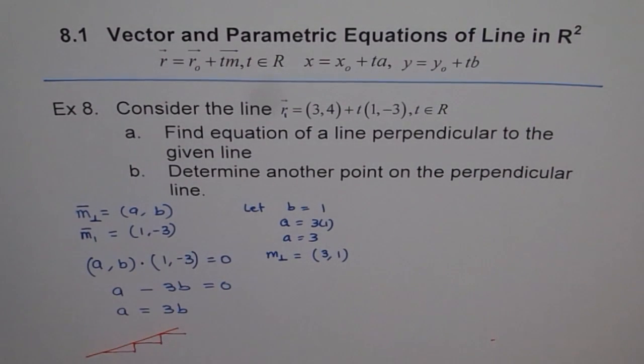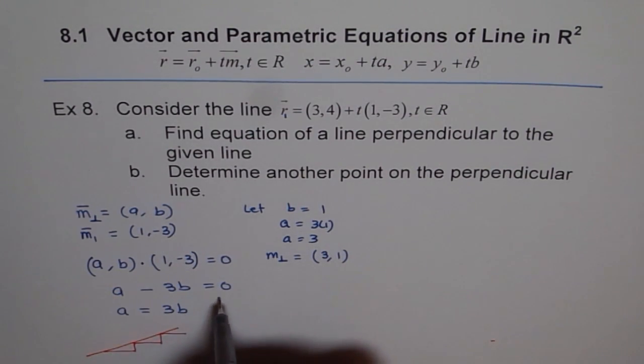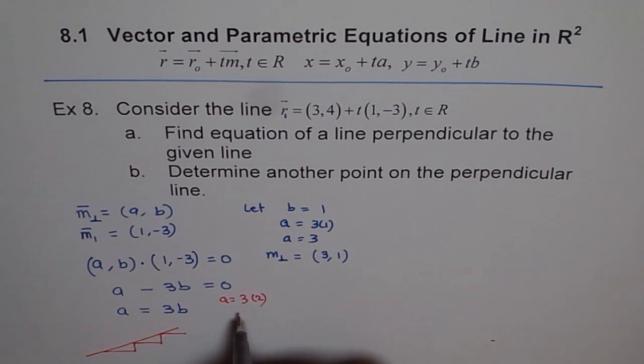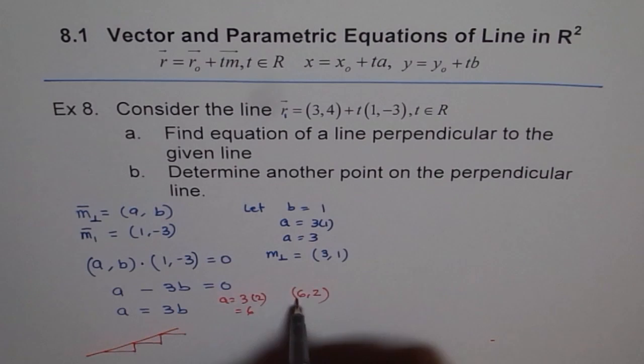So that is how we find the direction vector. We could have assumed b as 2. In that case a becomes 6, a equals 3 times 2, which is 6, and my direction vector will be (6, 2).